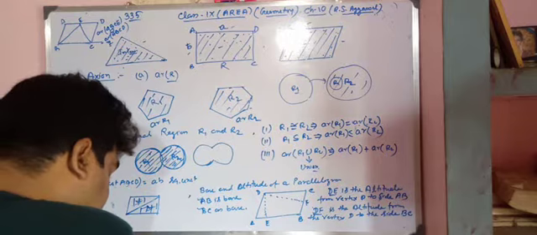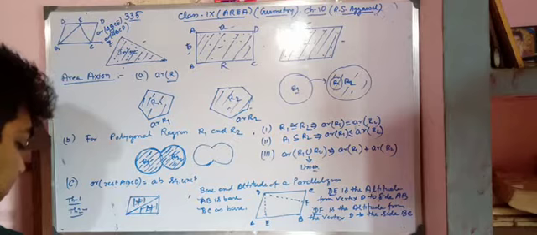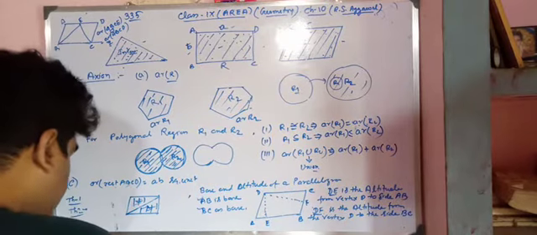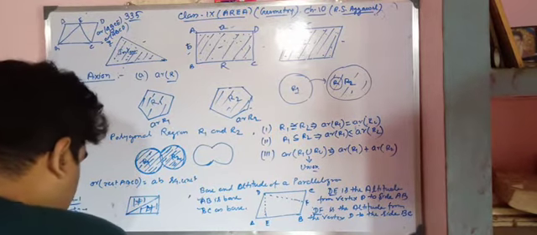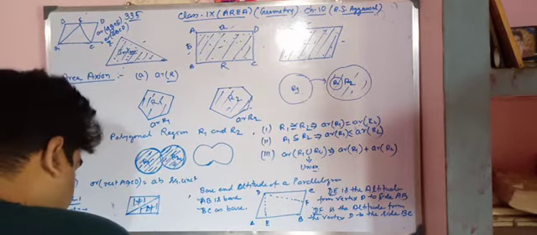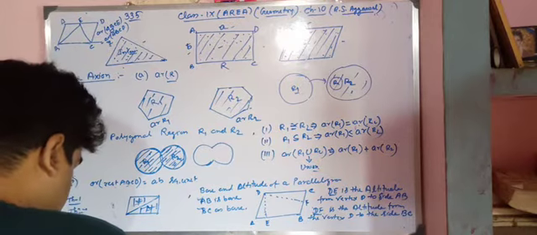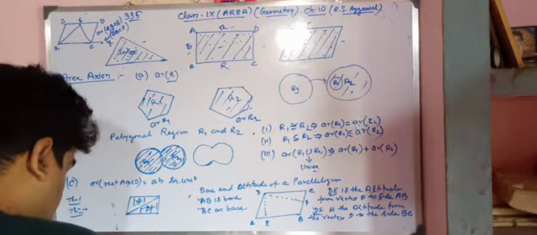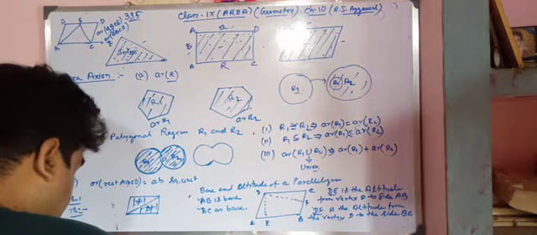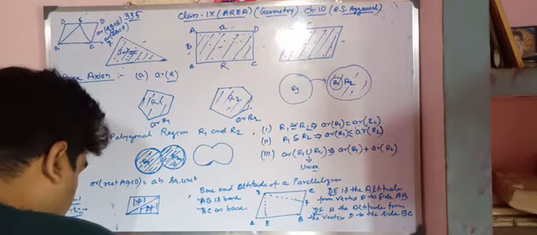Next, area of a trapezium, half into the sum of the parallel sides into the distance between them. Proof is given. Next, corollary 7: area of a rhombus is equal to half into the product of its diagonals. Go through the proof. Next, theorem 4. I am telling the statement: if triangles have equal bases and one side of one triangle is equal to one side of the other, then their corresponding altitudes are equal.